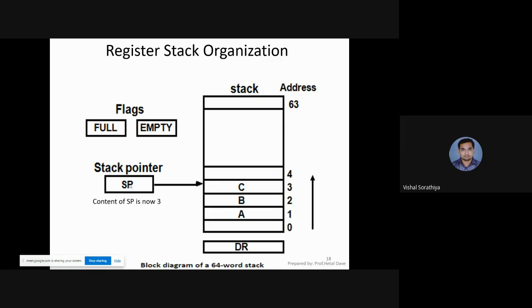Whenever the SP value changes, the location it points to also changes with the increment of the number. So if the stack pointer is 23, the arrow goes to 23.